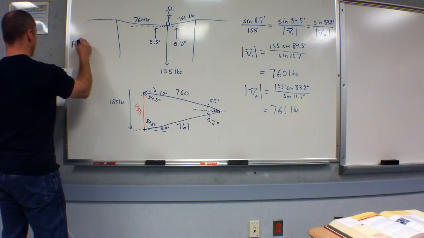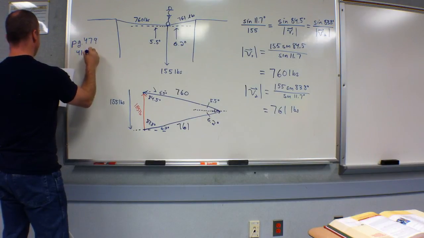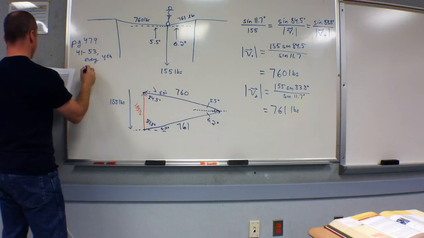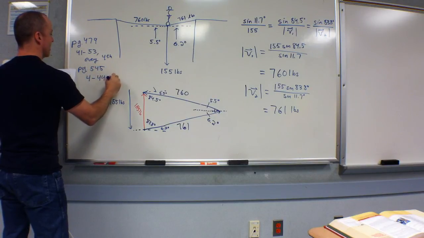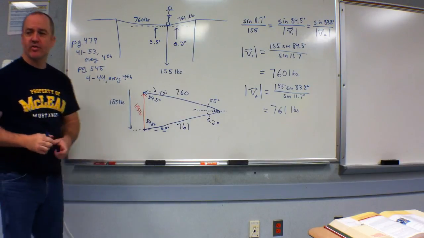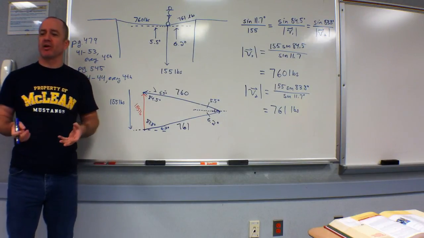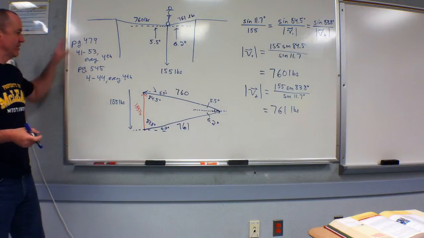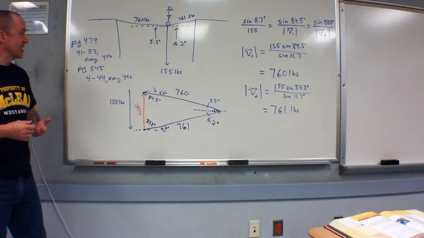So that works out to page 479, 41 to 53 every fourth, and page 545, 4 to 44 every fourth. So it's one dot product, one cross product, one normal form of a line, one distance between two parallel lines. It's one of everything we've done except for these word problems, actually. So it's not as many as it looks like.